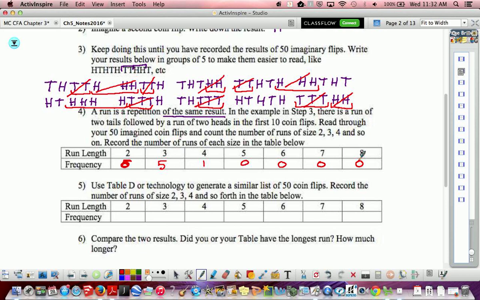So you had 10, 2, 1, okay. Oh, you had 1 run of 6, nice. Oh, how many runs of 2? 12. Wow. So 9 runs of 2. That was it. Wow. Thank you. 9 and 1. Okay.